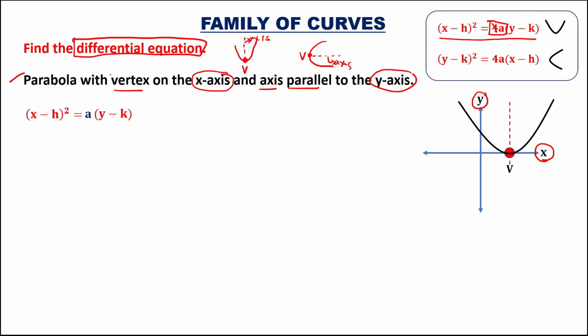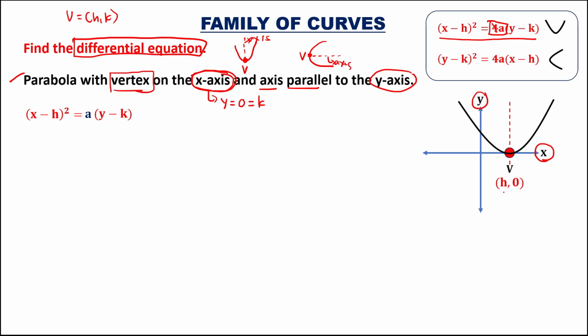Then from the given vertex, since the vertex of the parabola is h and k, and the vertex is on the x-axis, y is equal to 0 and k is equal to 0. So the coordinate of the vertex is h and 0.